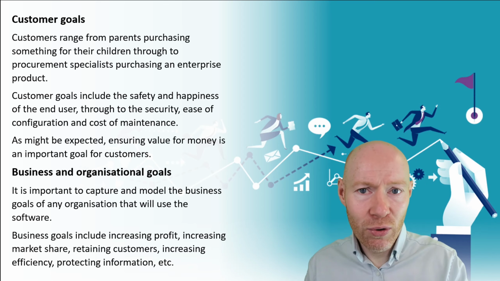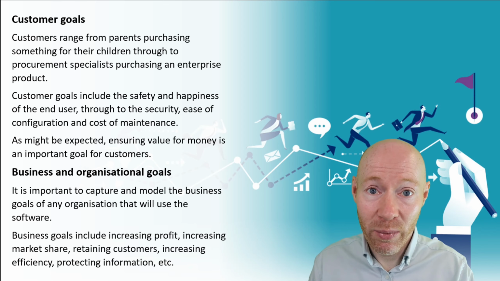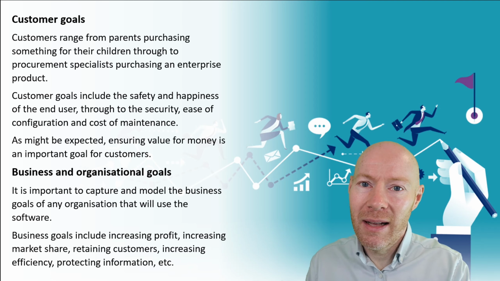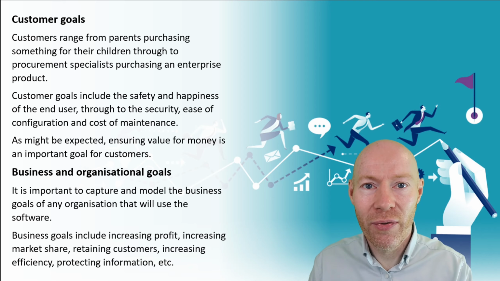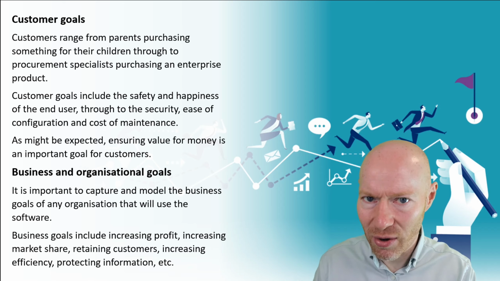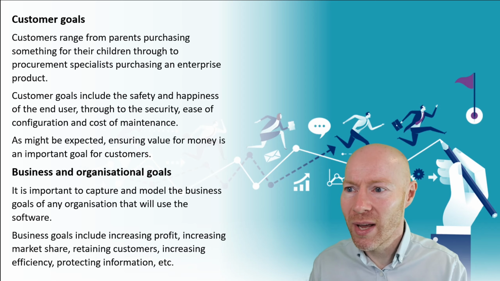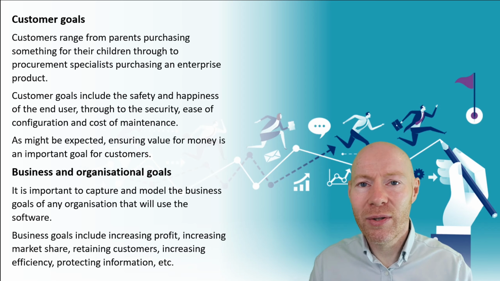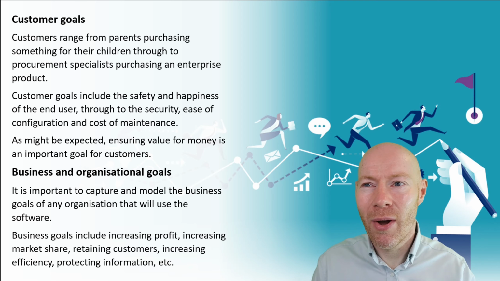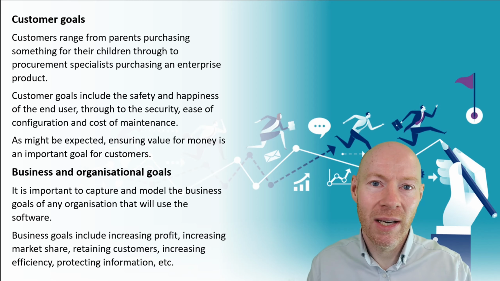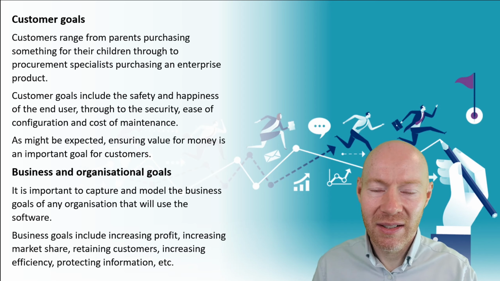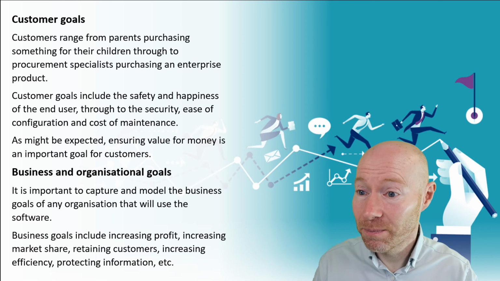So customer goals are likely to include feelings of wanting to be safe in terms of whether the software being used is going to work for the users. Our users are going to be happy. That's important for the customers. They want happy users. They want safe users. Generally, it also ties into broader aspects around security, and may also tie into aspects around the ease with which it can be integrated or maintained within some wider setup inside the company.